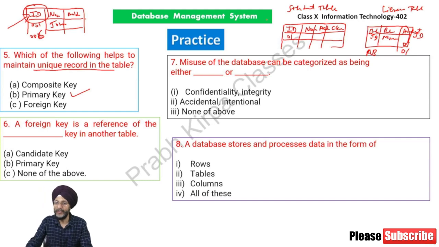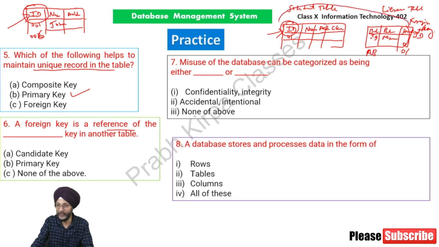So this is the main table where the ID has been allotted to the student. This is the primary key. When this primary key is taken to another table for the purpose of reference, it is the foreign key. A foreign key is a reference of the primary key in another table.